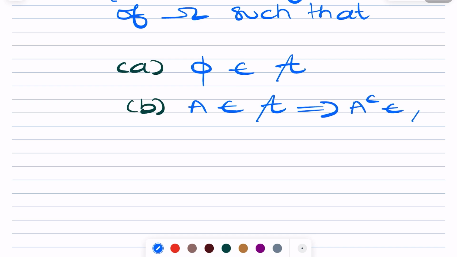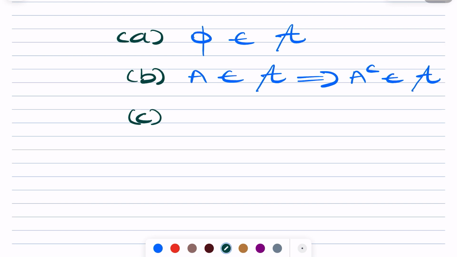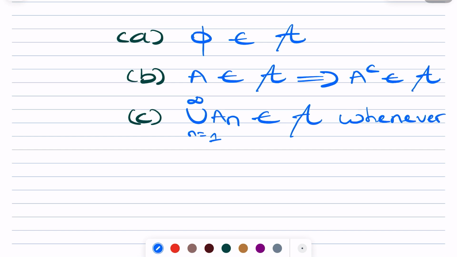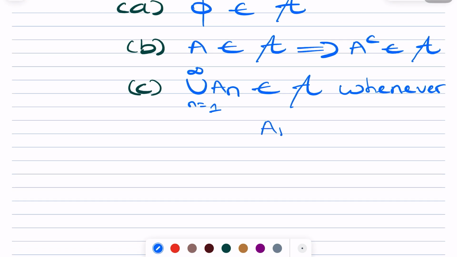And finally, the collection is stable under countable union, so the union of A_n, n moving from 1 to infinity, is in the collection whenever A_n is in A for every n.